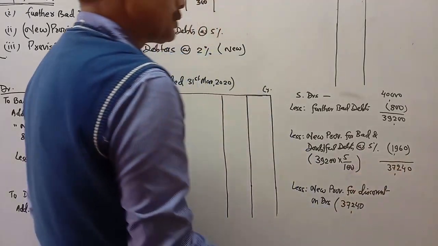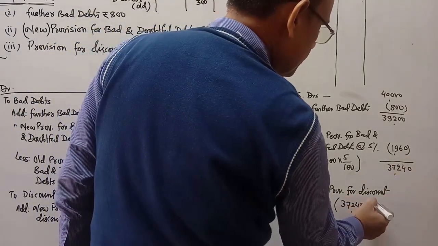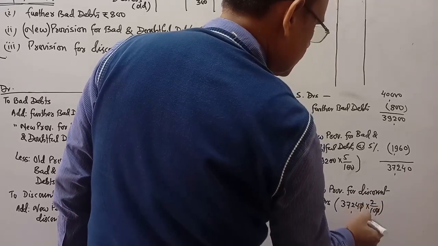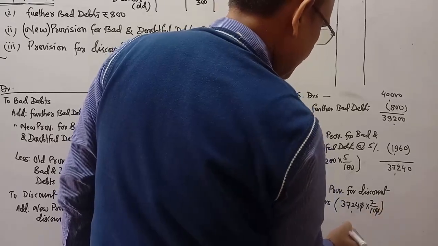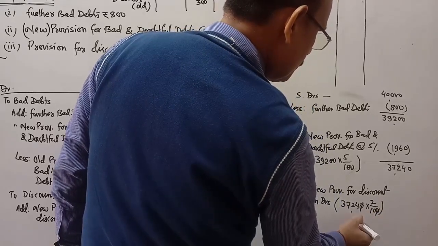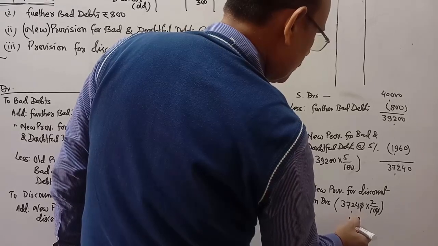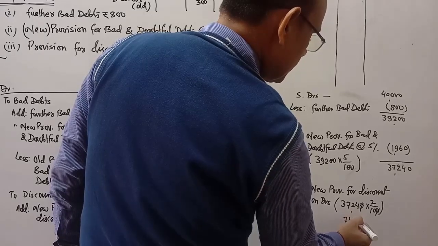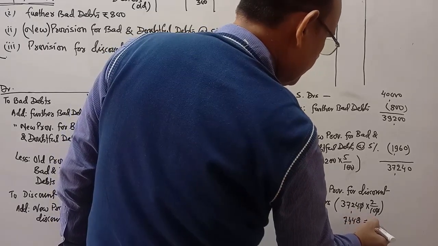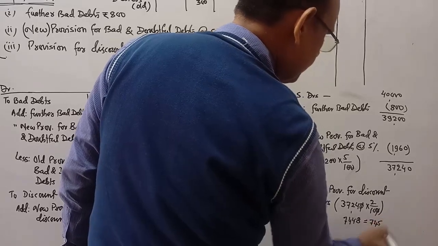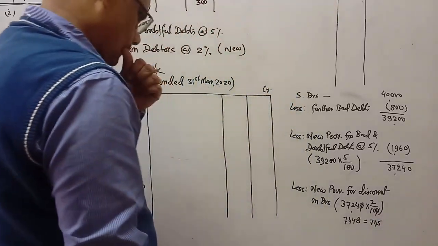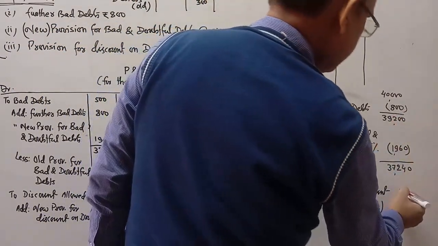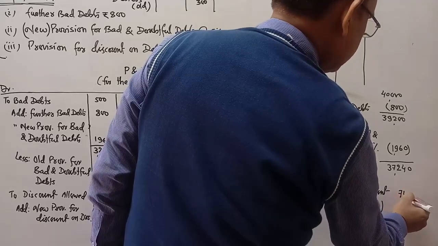So 37,240 will be realized. So 2% of this amount. So this will be 744.8, decimal is here, so the round off figure is 745. 745 is the round off figure.